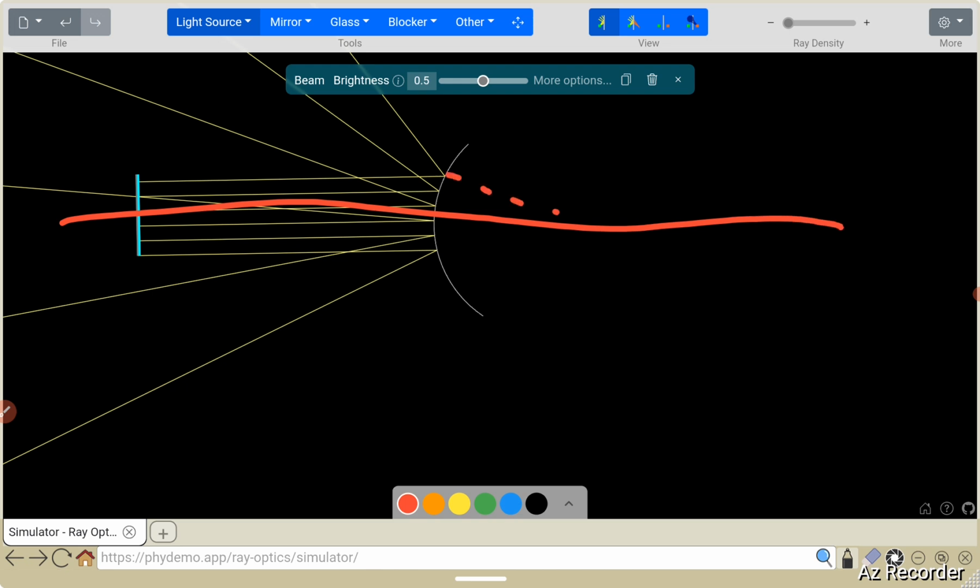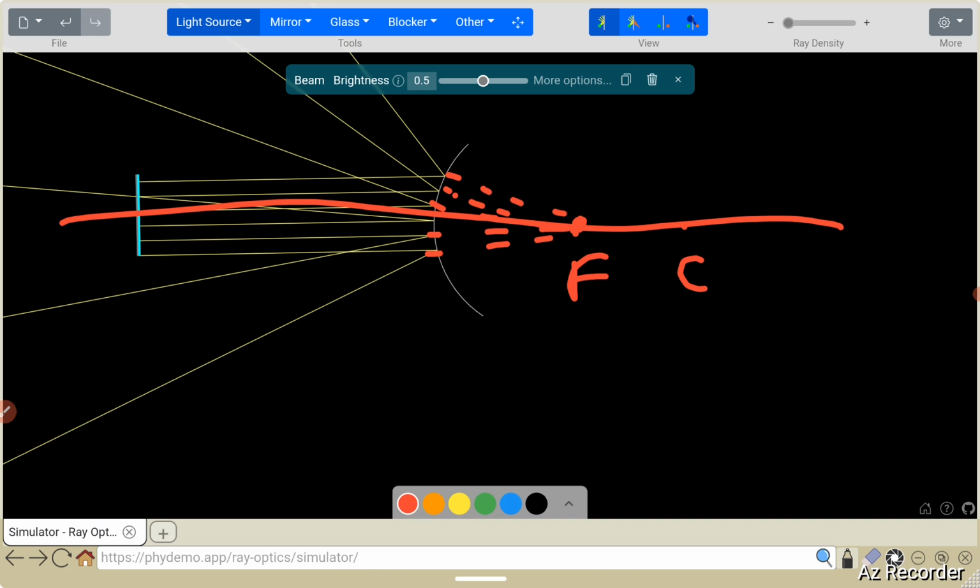I am just extending these reflected rays. Somewhere they will be meeting. This point is called focus and center will be here. Understood? If you don't have these also, you join with a scale. They will be joined at that particular point.